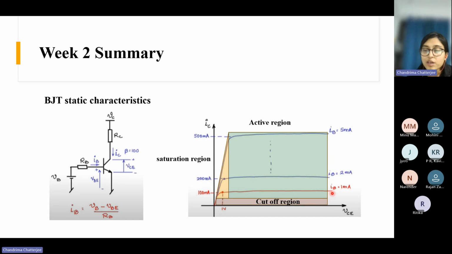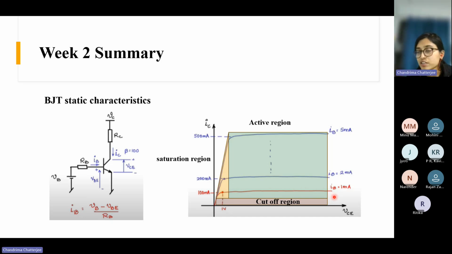And for a particular base current, some IC will flow through this device. So this is the characteristics. If you see, as we vary VCE, the current first rises almost linearly, then there comes a knee, and then it becomes almost constant.